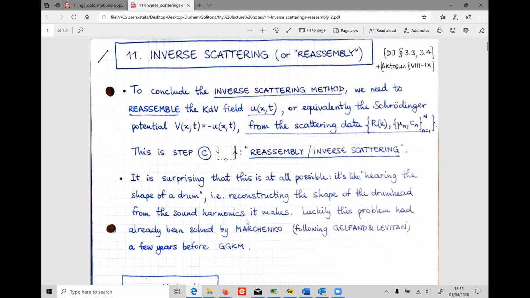So here the harmonics are essentially the scattering data, and the shape of the drum that we want to reconstruct is the potential, the Schrödinger potential, or equivalently the KdV field.